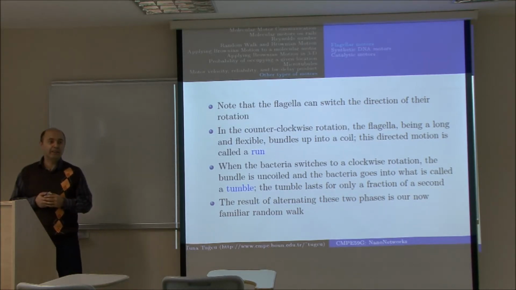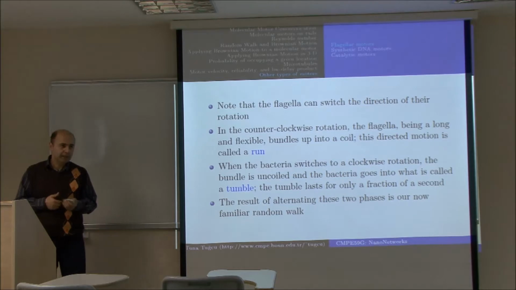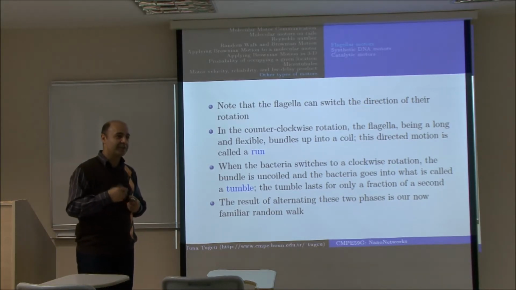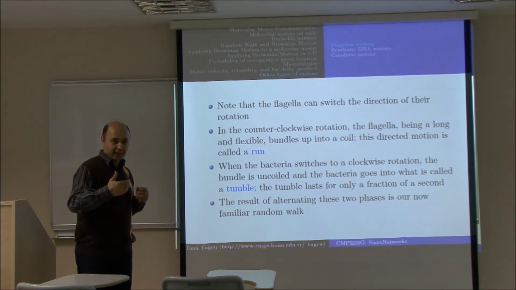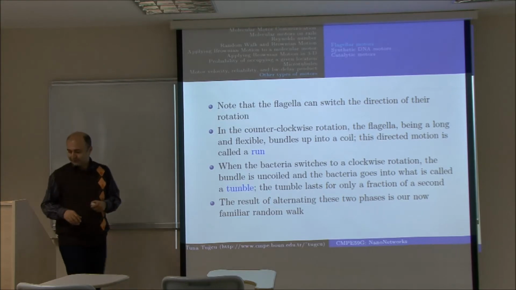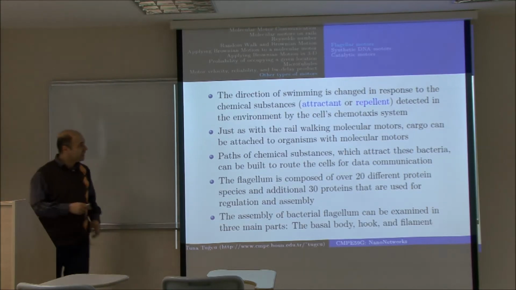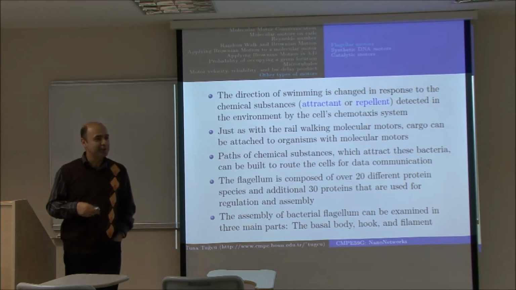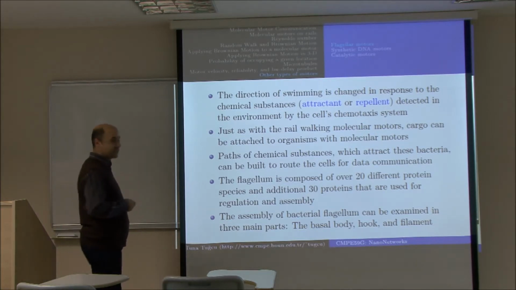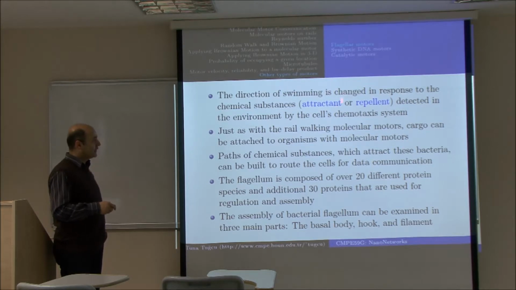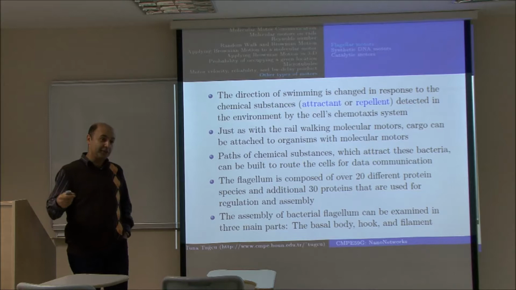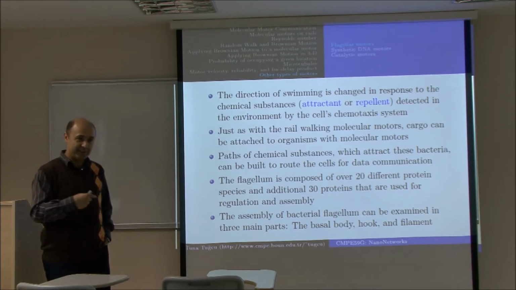For example, you can provide some chemicals around the bacteria so that it will try to follow that, but it's limited. So this direction of swimming in the fluid, or running, however you call it, is changed in response to some chemical substances, which are called attractants, if it's trying to follow it, or maybe it's trying to run away from it, if it's a hazardous chemical, for example.